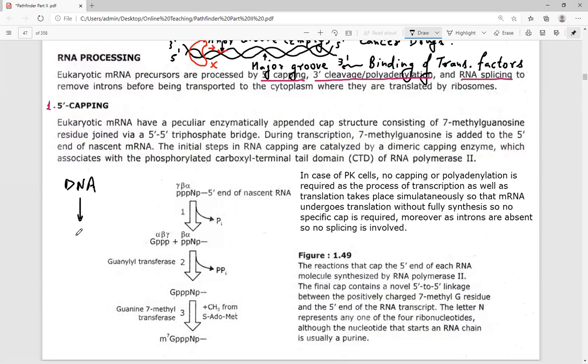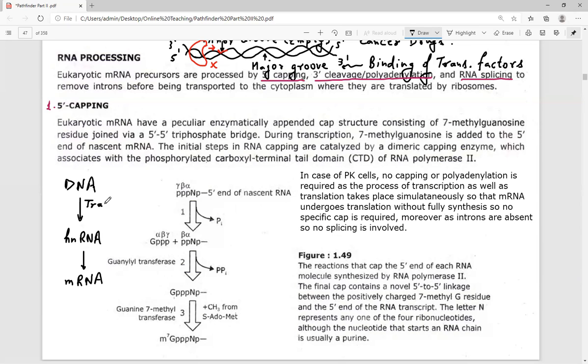Okay, it will get converted into the first RNA, that is referred to as hnRNA. hnRNA will get converted into mRNA. How is hnRNA going to get converted into an mRNA molecule? First, DNA getting converted into hnRNA, the process is called transcription.